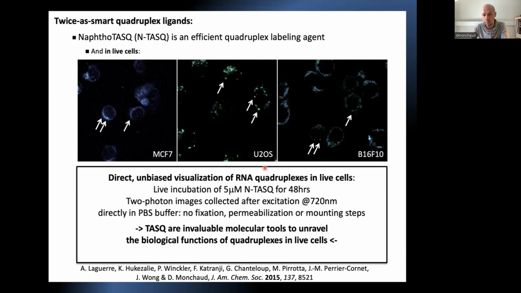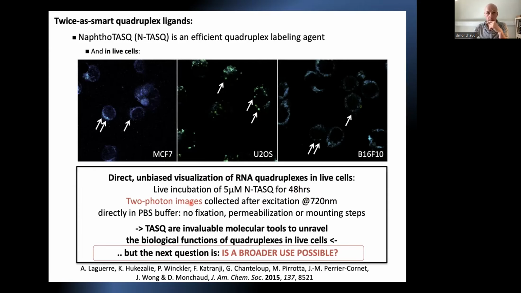But the actual point here is that we were forced to play at very high wavelength using a two-photon microscope, which is not routine in the lab.